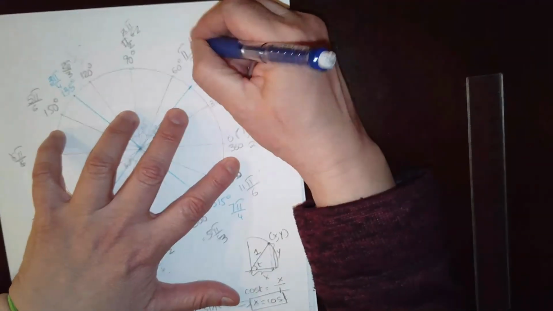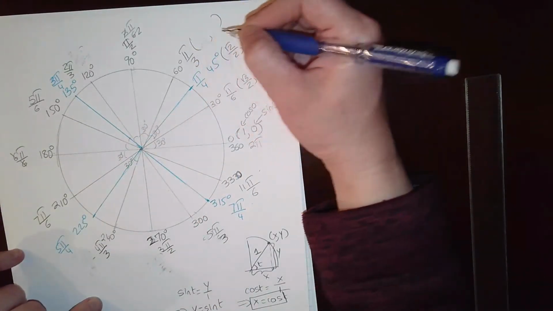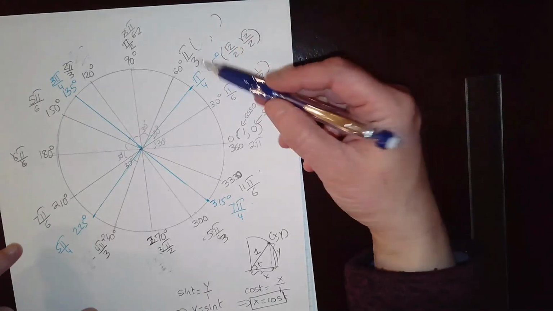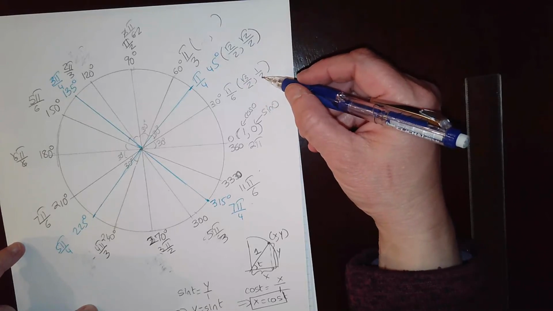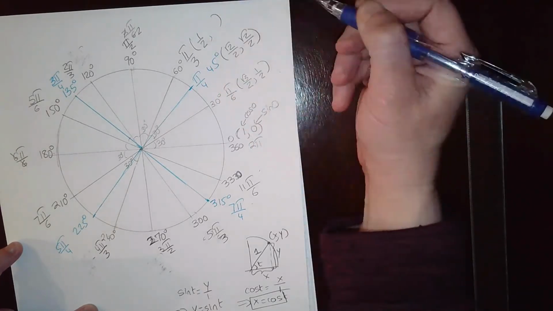So now we have cosine pi over 3, sine pi over 3. Cosine pi over 3, remember the cofunction identities. Cosine pi over 3 is the same as sine pi over 6. So this one would become 1/2.